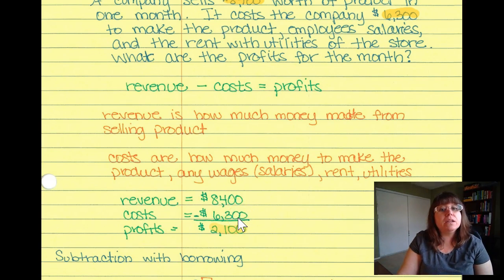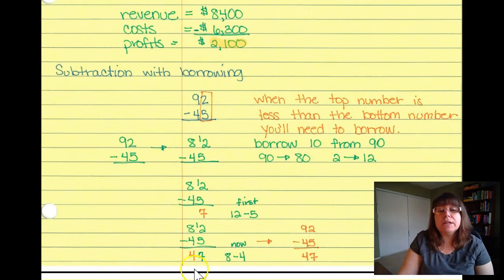But when there's a bigger number on the bottom in any of these columns, we're going to start using borrowing. For example, 92 minus 45. Well, the 2 is certainly less than 5. So here's what happens. I'm going to borrow from the next position to the left, which in this case is the tens position.